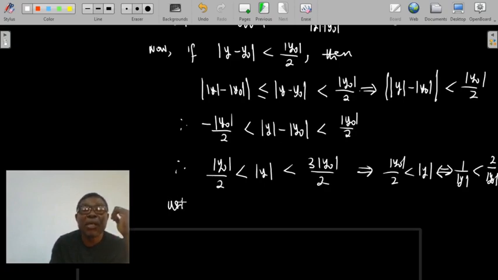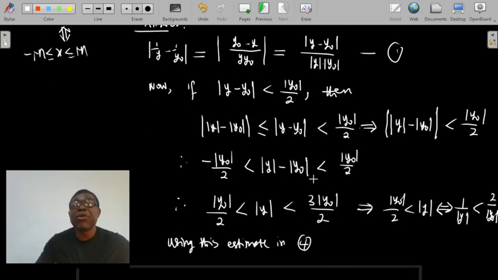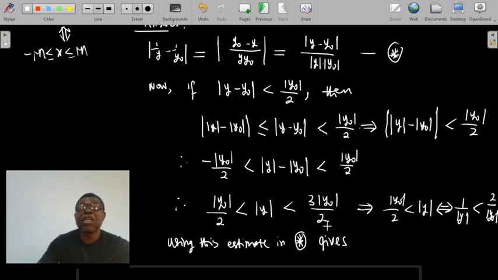Using this estimate in 1, okay, let me even call it star instead of 1 so that there will not be so many ones. Let me call it star, for clarity's sake. Using this estimate in star gives the following.